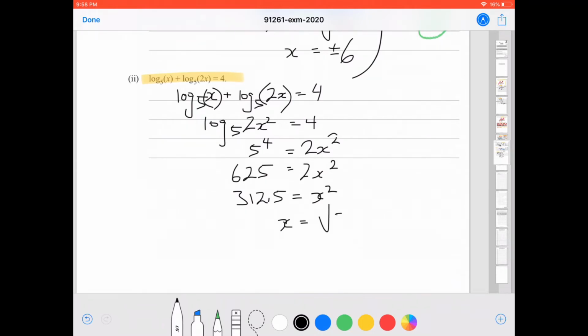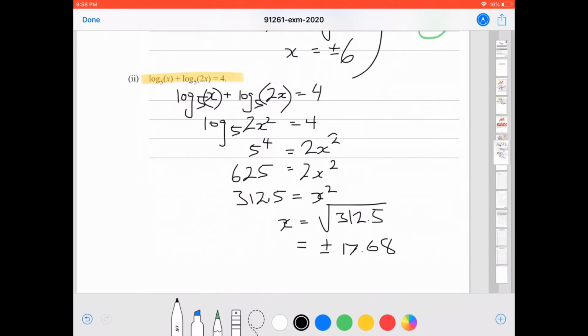So, the square root of 312.5 equals 17.68 plus or minus 17.68. That's the value I've got from my calculator.